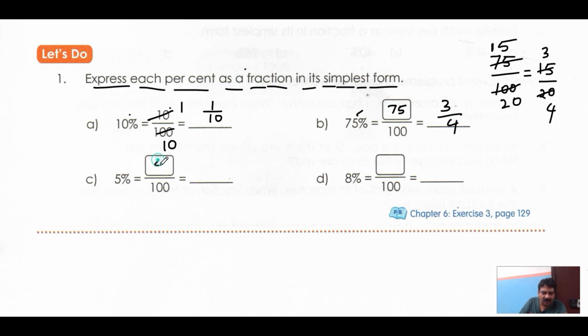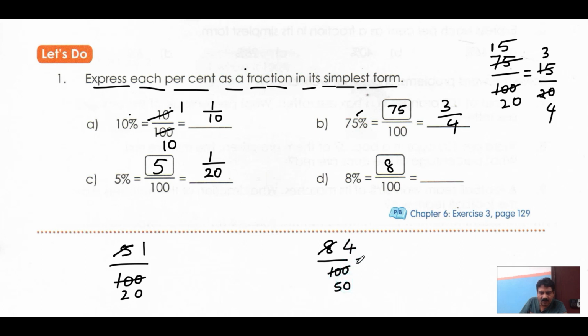Now come back to this one. 5 by 100. See here, 5 by 100. 5 ones are 5, 5 twos are 10. And this 0 you are going to copy as it is. So it should be 1 by 20 in its simplest form. Further you cannot do anything. Now this is 8 by 100. So let me do it here. 8 by 100, right? 2 fours are 8, 2 fives are 10.